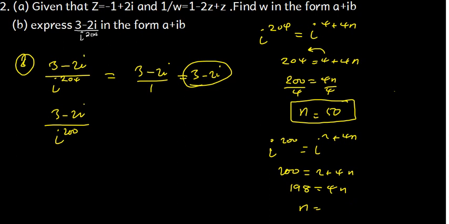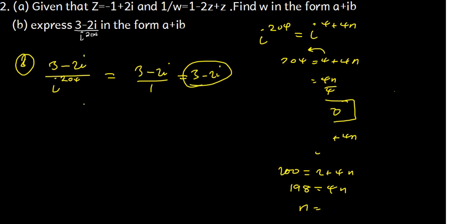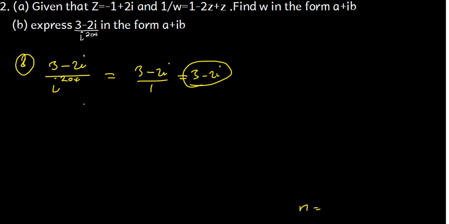So say we had something like 3 minus 2i divided by i to the power 202. Let's put it in that form. If it was i to the power 202, let's equate it to i to the power 2 plus 4n. Since we've equated it to that, we equate the powers because the bases are the same.